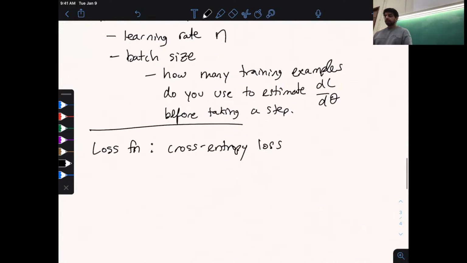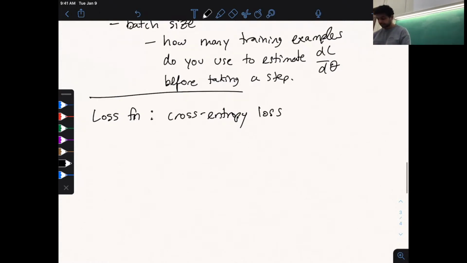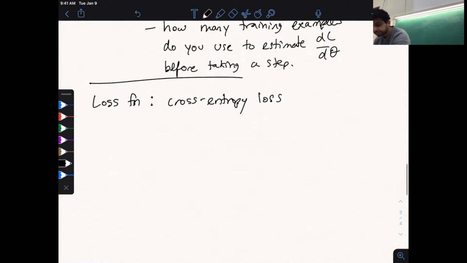And the way it works is quite simple. You can just think of it as the negative log probability of the correct next word in the training data given the prefix. But we'll actually go through why this makes sense for the task and why we are even calling this thing cross entropy loss.